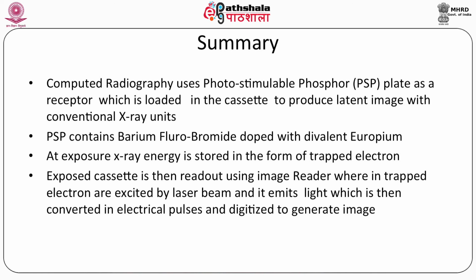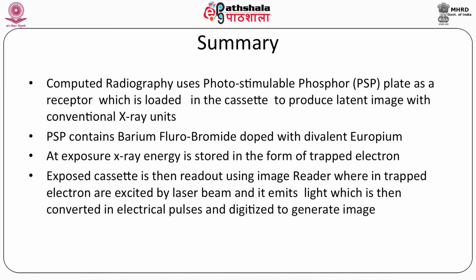Computed radiography uses photostimulable phosphor plates as an image receptor, which is loaded into the cassette. It behaves much like a cassette to produce a latent image with conversion of the X-ray signal.